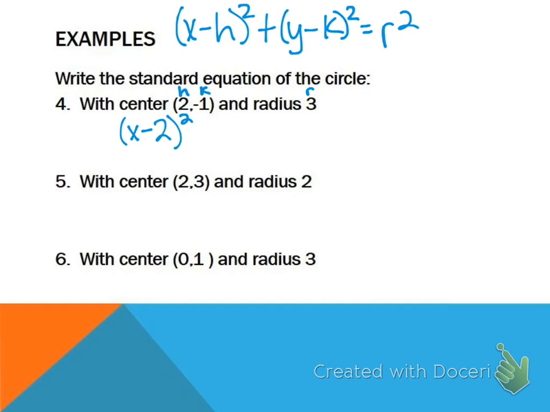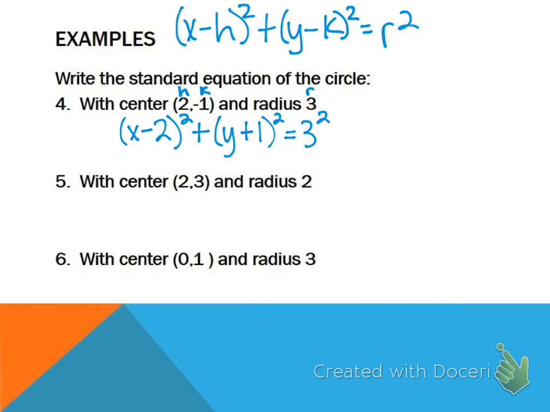That whole thing gets squared. Plus y minus, what's my k? Negative 1. So minus a negative means I'm changing this to be plus 1 or adding 1. Squared is equal to, what's my radius? 3. And that's also getting squared.